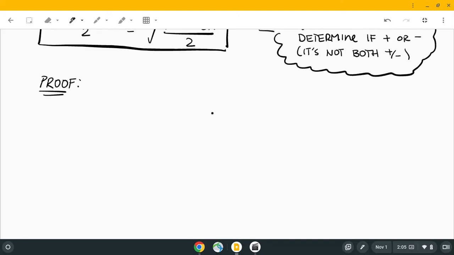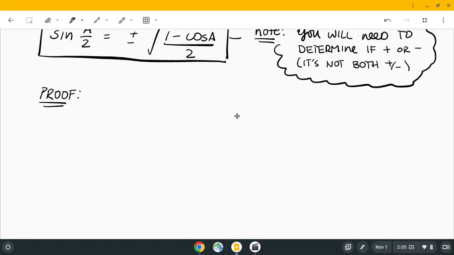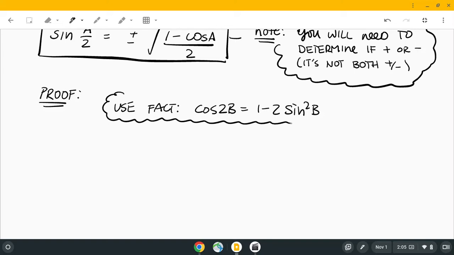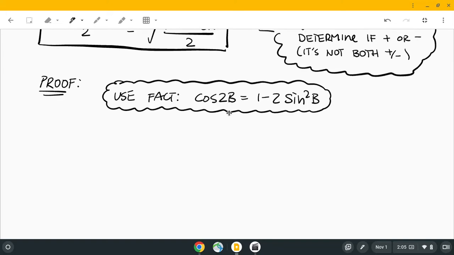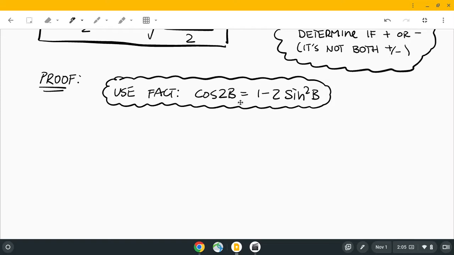We are going to use the fact that cosine 2b, I'll use b this time, equals 1 minus 2 sine squared b. We looked at that in the double angle formulas in the previous section.